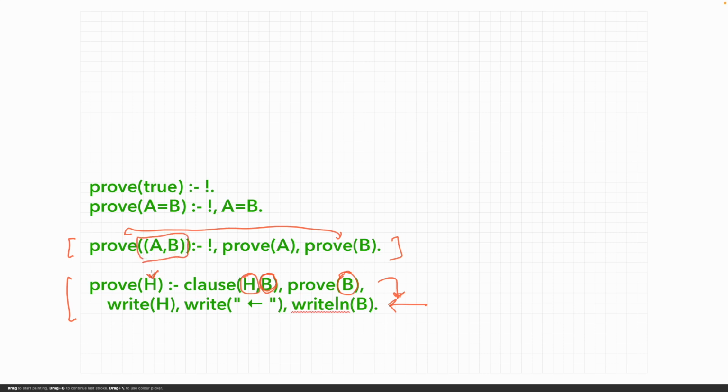So you've got a head, you've got a query. If the body is a sequence of goals, then proving that matches this construct, A, B, where A becomes the first goal and B is the remaining sequence of goals. So we did that last time.